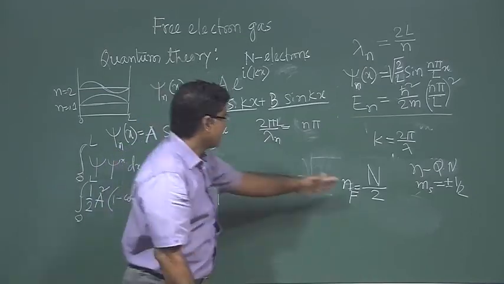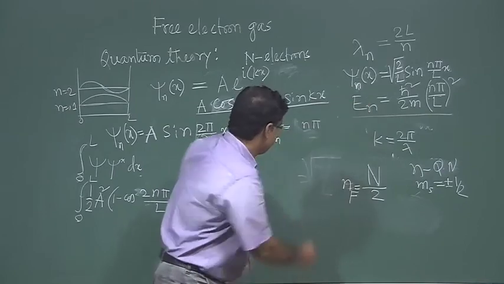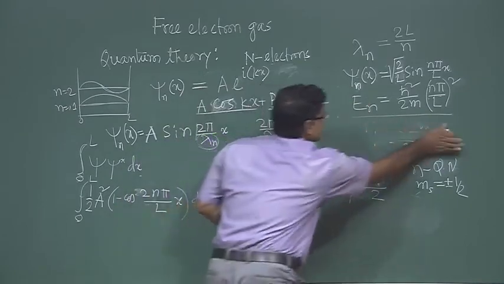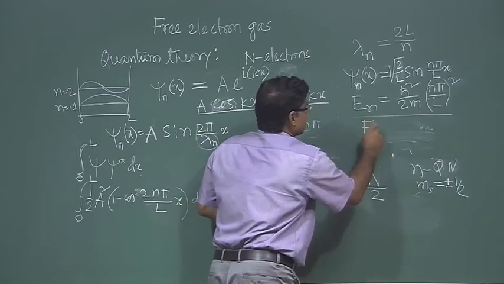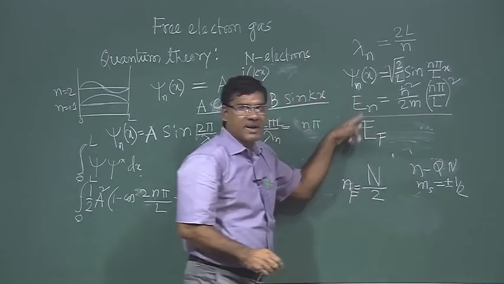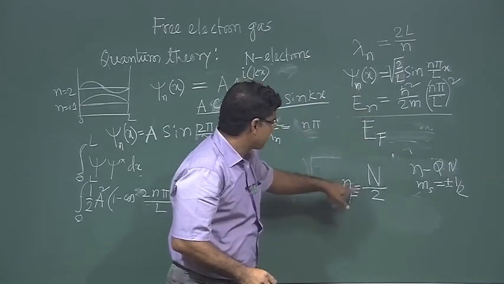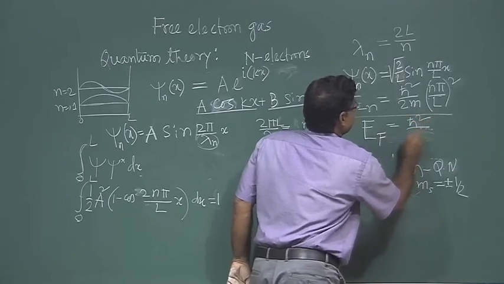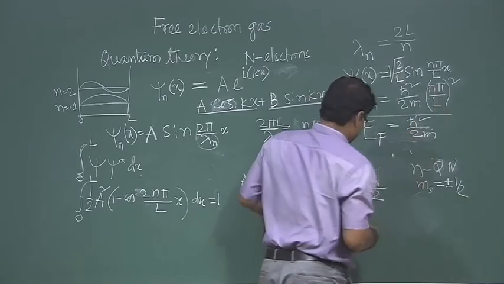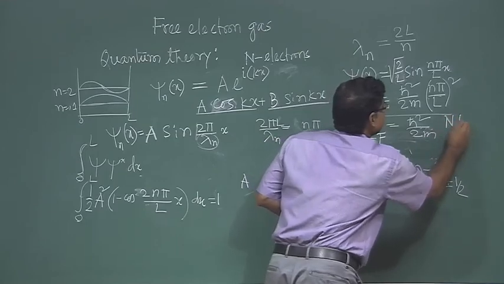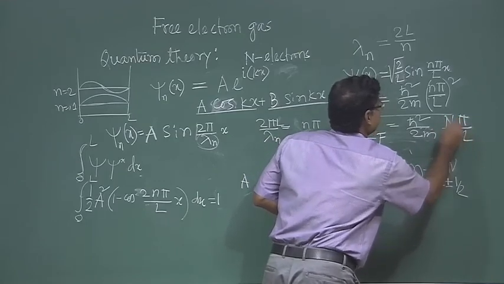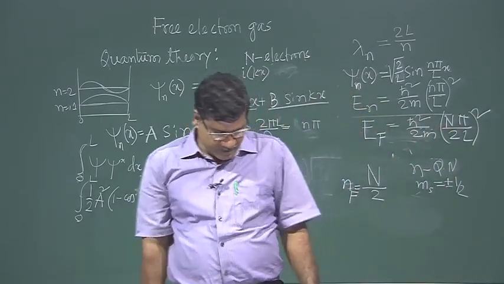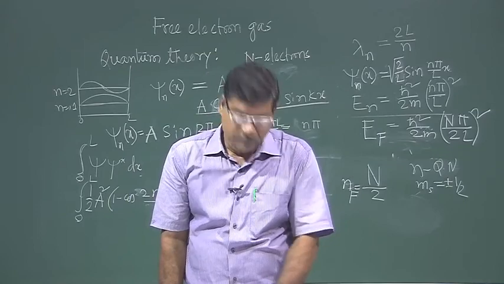So, for n equal to N by 2, I can write the Fermi energy as h cross square by 2m times (N pi by 2L) square.